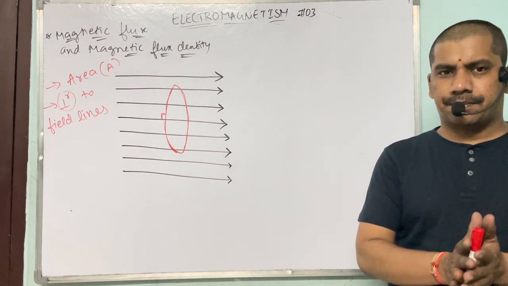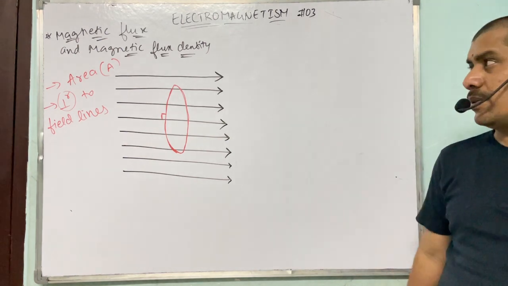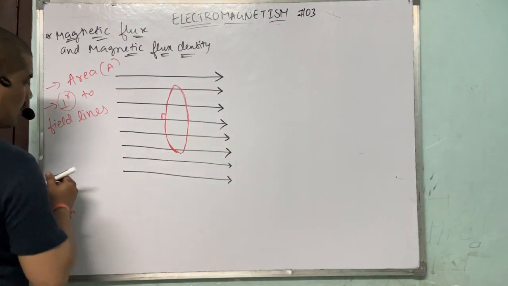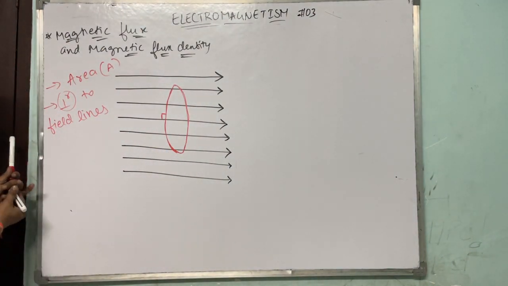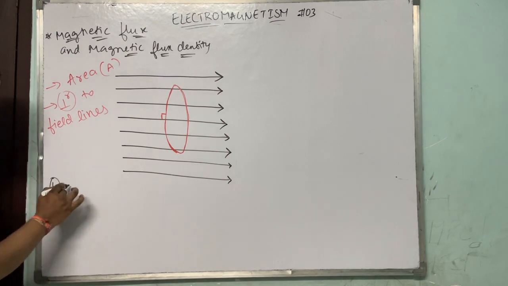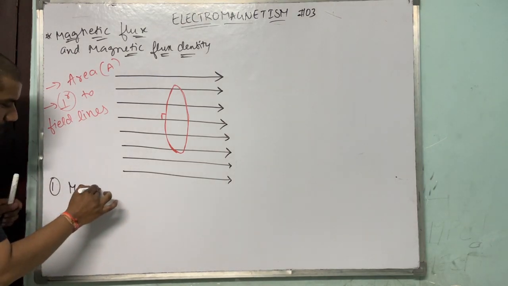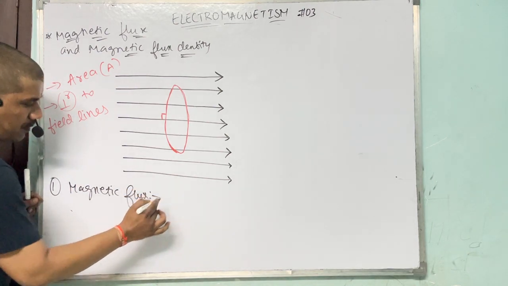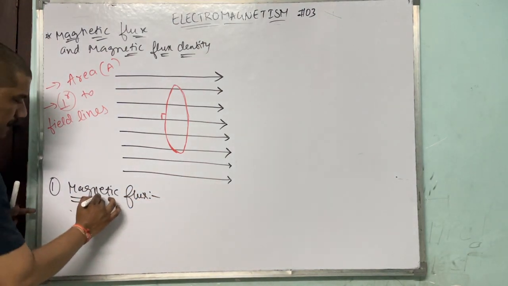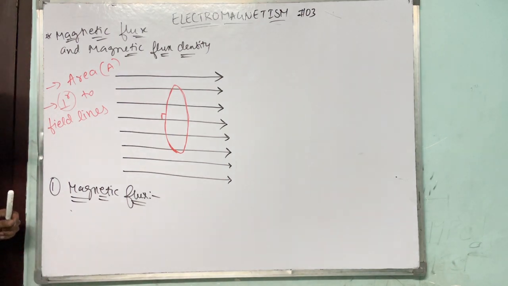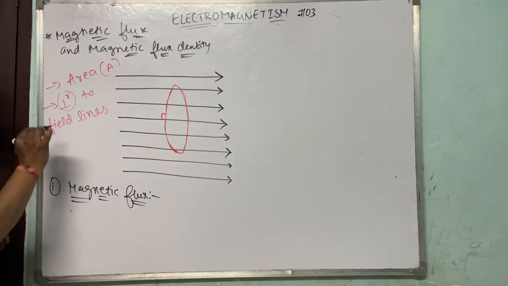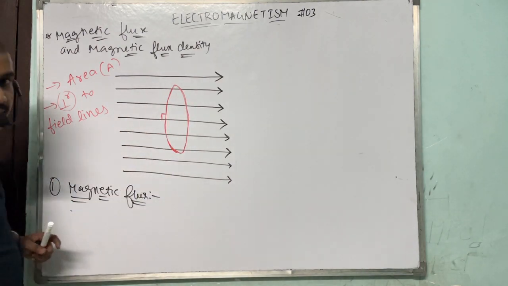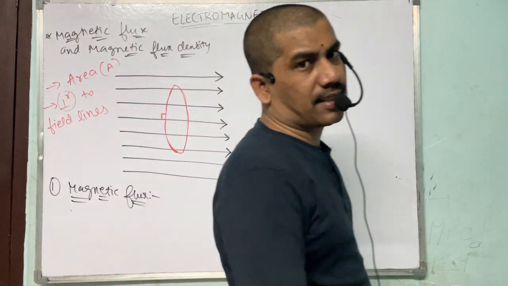Okay? Hope you understood now. Now we will define first magnetic flux. First we'll discuss the magnetic flux. See, magnetic flux is nothing but the number of magnetic lines passing through this area is known as magnetic flux.